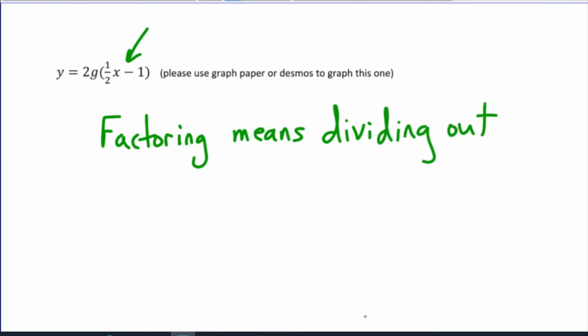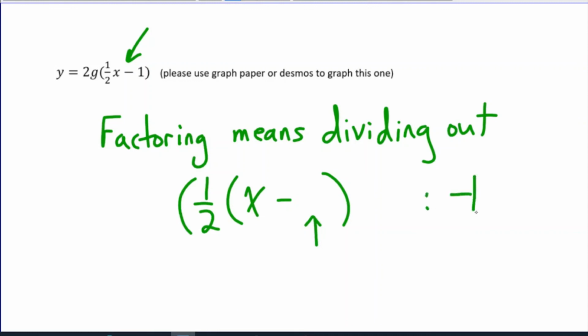So you have to factor out that 1/2. So I'm just going to write that like this. What would be the leftover in the C position here? Well, how do we factor 1/2 out of 1? Well, you're dividing it out. So actually, it's a negative 1, my mistake. So off to the side here, if we do negative 1 divided by 1/2, that is what factoring is.